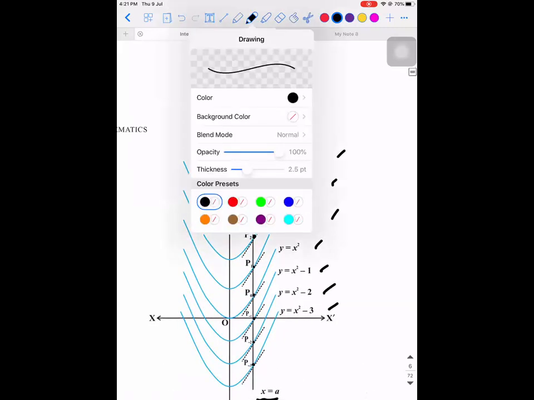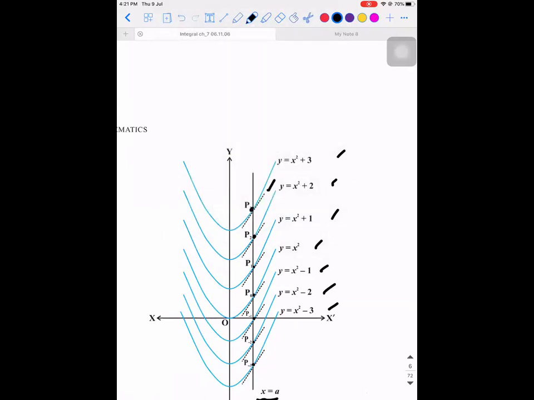I'll reduce the marker size. So are you able to see these dotted lines? Right. These dotted lines represent the tangents to those curves at the point x is equal to a. So they are the tangents to each individual curve at x is equal to a. What is the slope of a tangent according to our previous knowledge?